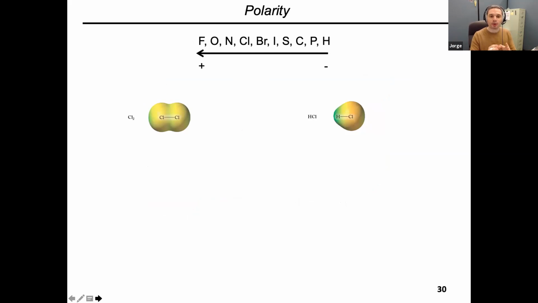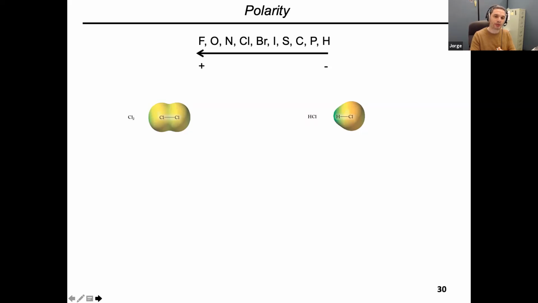All right, so remember, in a covalent bond, usually the electrons are closer to the most electronegative atom in the structure. Okay, so usually the share of electrons is not equal. The electronegative atom will attract the electrons closer to itself.